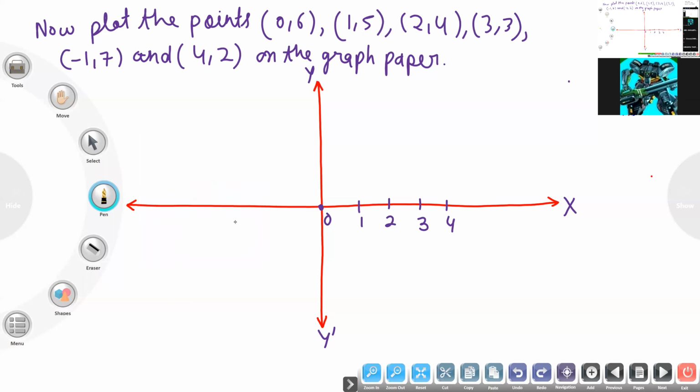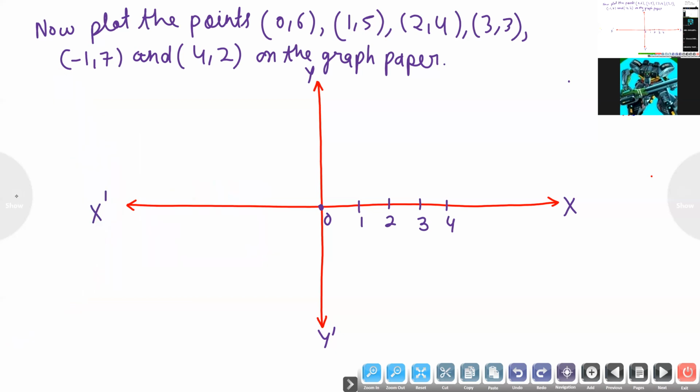Next, the highest value of plus y: 6 is there. 1, 2, 3, 4, 5, 6. Next, the highest value of minus x: minus 1 is there. Right?